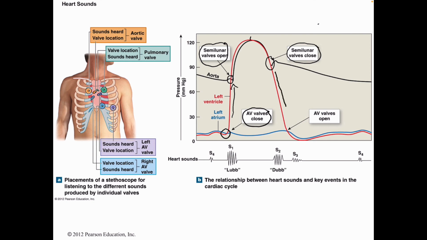The pressure in the left ventricle then continues to fall during diastole until it falls below the pressure in the left atrium. That causes the AV valves to open and blood can then flow from the atrium to the ventricle again.